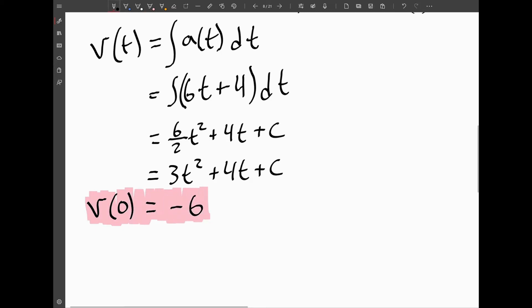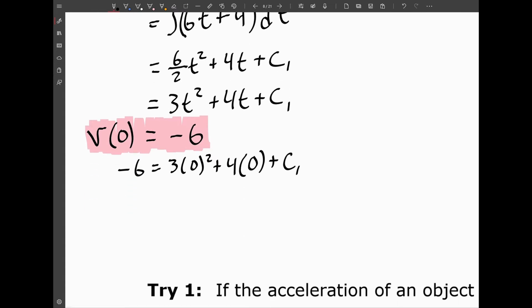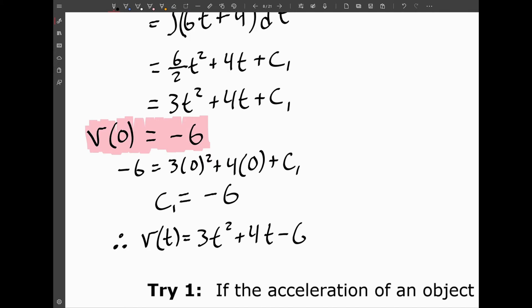So using that, we can say that negative 6 is equal to 3 times 0 squared plus 4 times 0 plus c1. I'm going to call this c1. Which means that c1 is equal to negative 6, if we solve that out, and therefore the expression for our velocity is going to be 3t squared plus 4t minus 6.